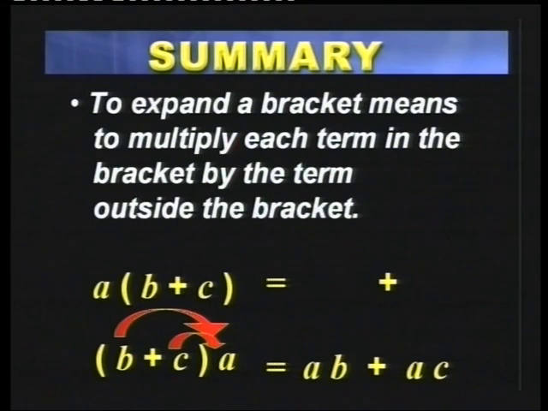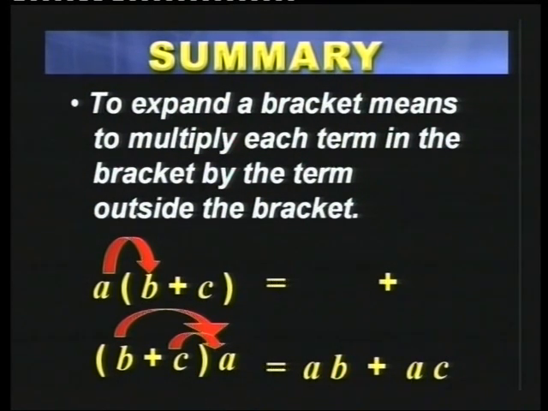Okay, we'll now move on to our summary points for today. Looking up now on the PowerPoint, to expand a bracket means to multiply each term in the bracket by the term outside the bracket. So have a look at what we meant by the paragraph that is up the top.